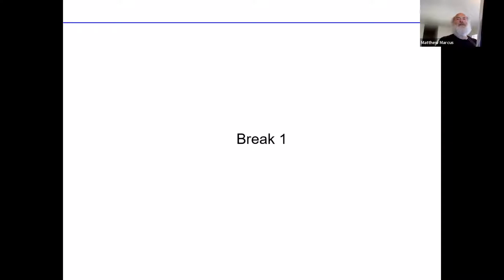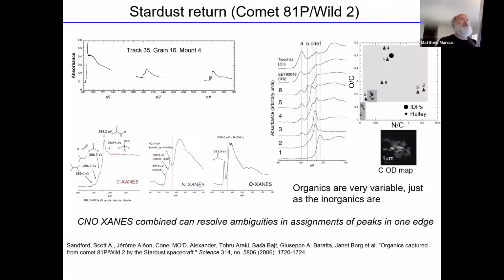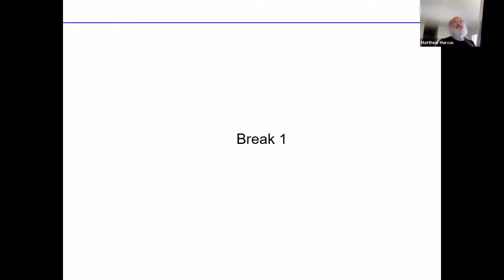So it went up kind of behind a comet, Comet Wild 2, and collected particles coming off the comet, which were coming in at 6.1 kilometers per second. And so each particle would come in, hit the aerogel, and sort of crumble and leave stuff along a track.